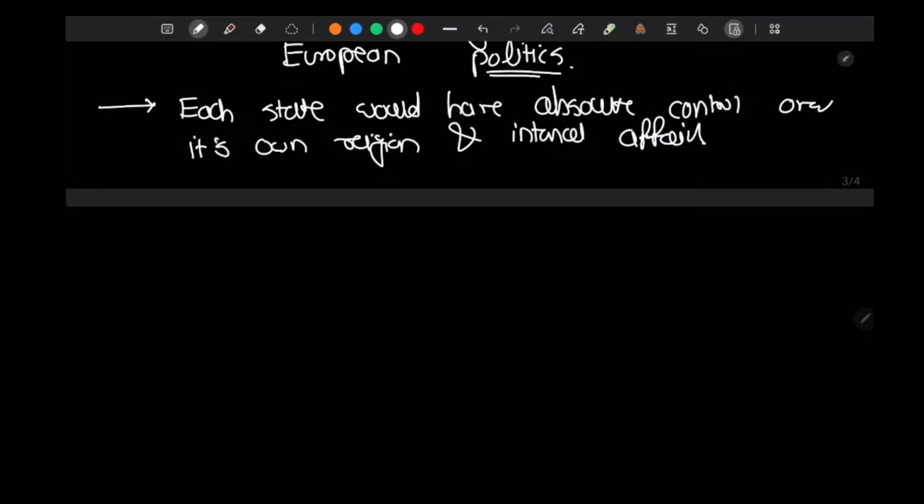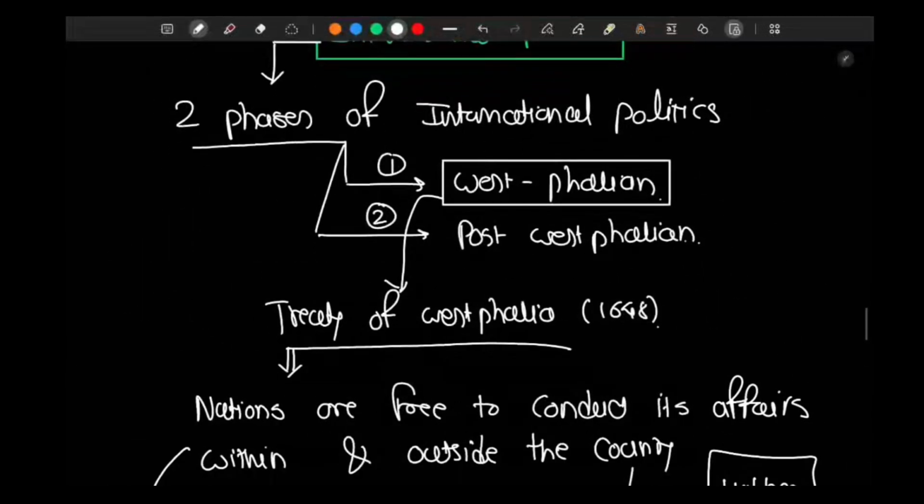This was the core idea in the Treaty of Westphalia. With the Treaty of Westphalia, nations became sovereign to make relations with different nations.